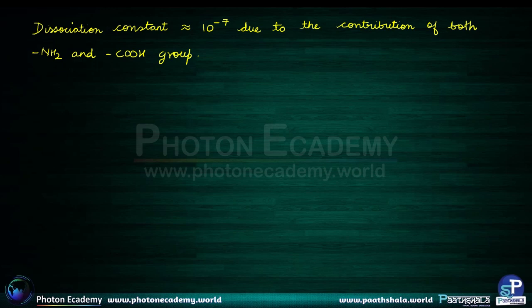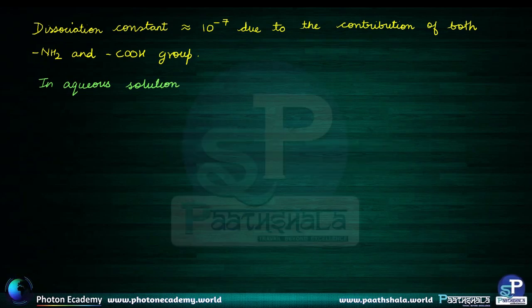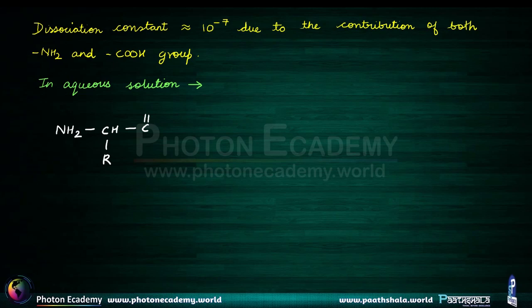So what if I put this particular amino acid in an aqueous solution? We'll be seeing the behavior of amino acids in aqueous solution. Let us see that we have an amino acid, say NH2CH with an R alkyl group, and we have C double bond OH.